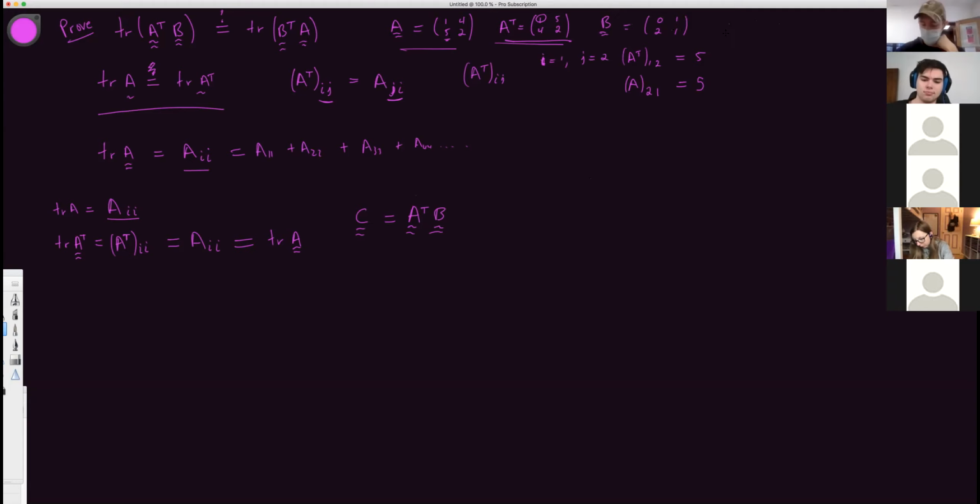Then A transpose B in matrix multiplication is the matrix 1, 5, 4, 2 multiplied by 0, 1, 2, 1, row times column. So 1 times 0 plus 5 times 2 is 10. 1 times 1 plus 5 times 1 is 6. 4 times 0 plus 2 times 2 is 4. 4 times 1 plus 2 times 1 is 6. Did I get that right? Please check the algebra, I'm bad with arithmetic.